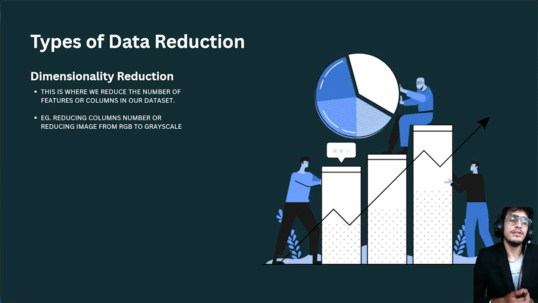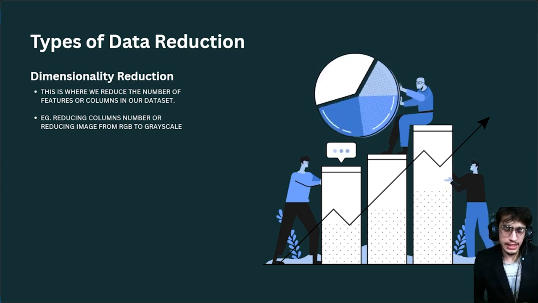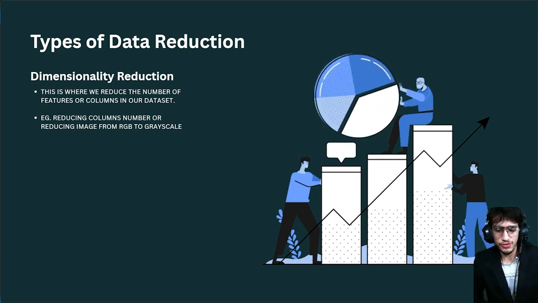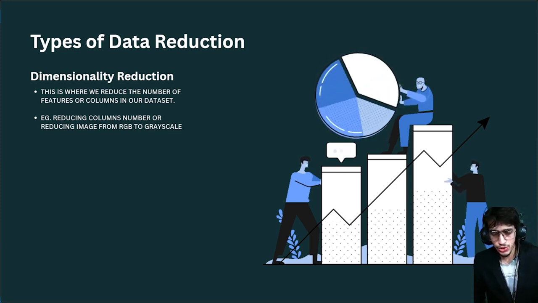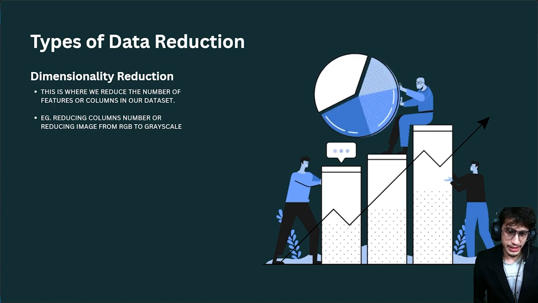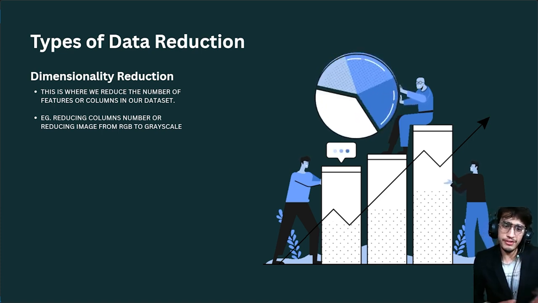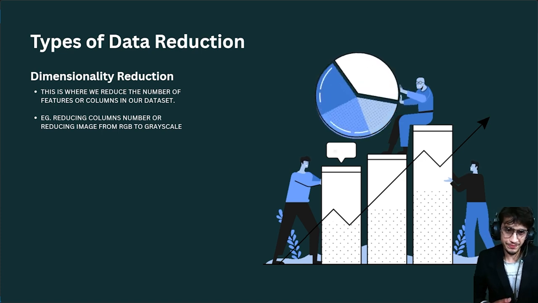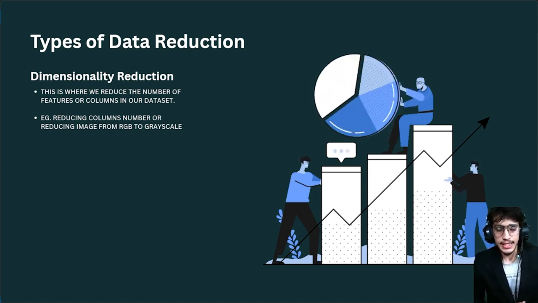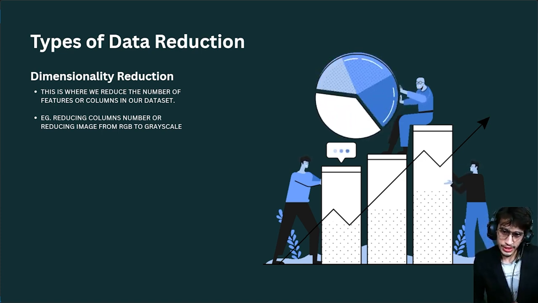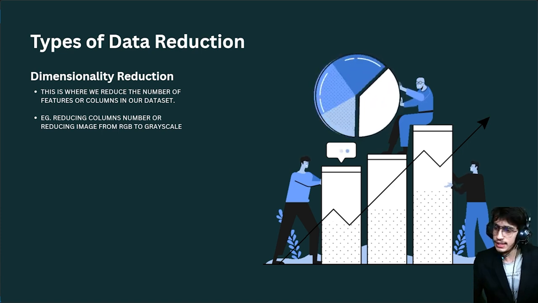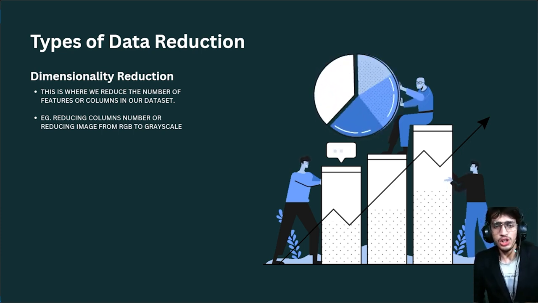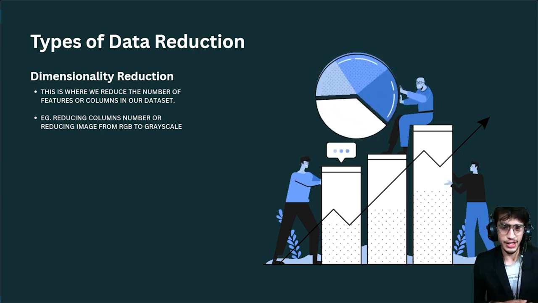Like we have a housing data set, and here we have the age of the house and the year the house was made. So here we can eliminate one of the columns, as the age of the house tells us the same thing as the year the house was made. So we can easily remove the age of the house.